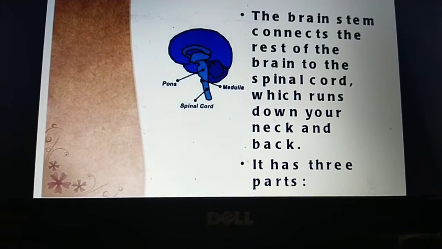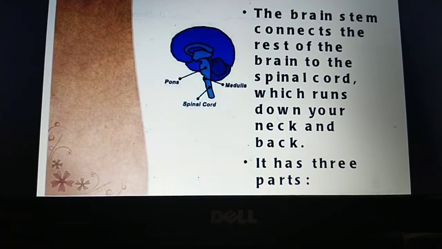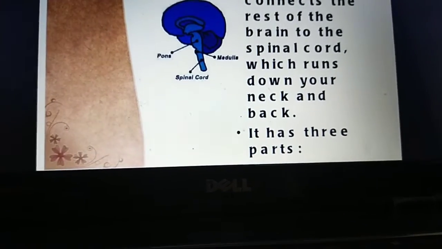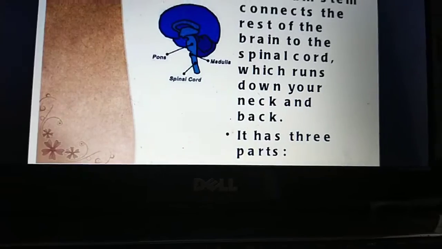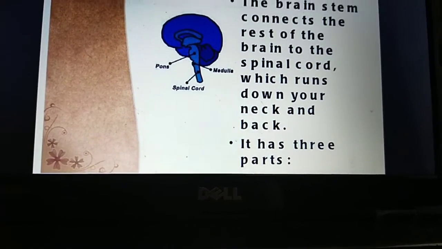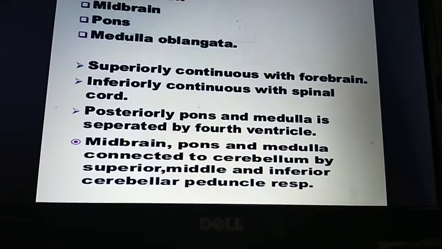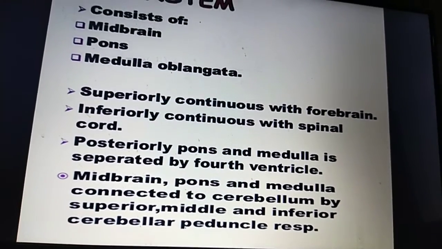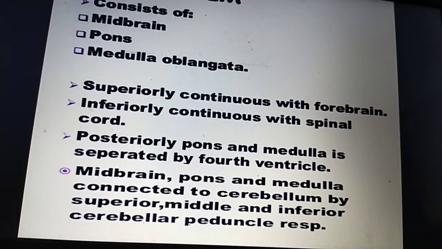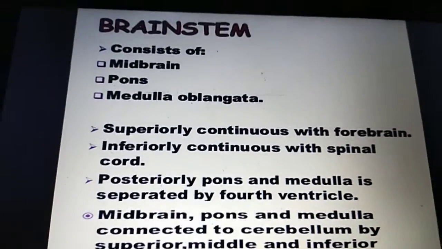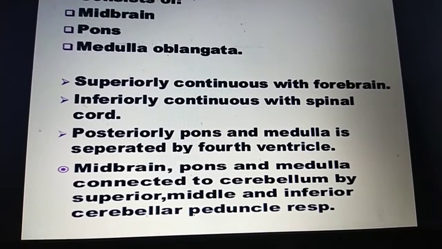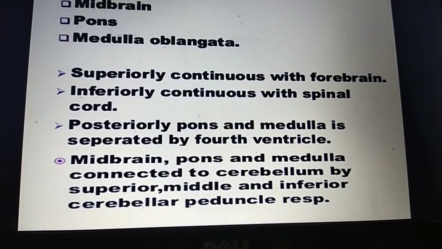The brainstem connects the rest of the brain to the spinal cord, which runs down your neck and back. It has three parts: midbrain, pons and medulla oblongata. Superiorly it is continuous with the forebrain, inferiorly with the spinal cord.